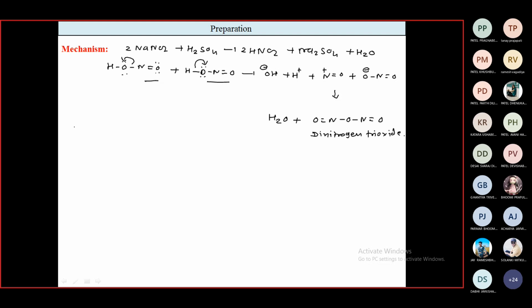Now this reacts with metanitroaniline in this way.